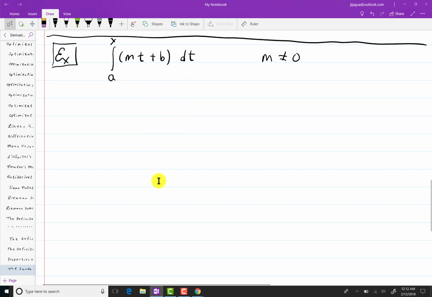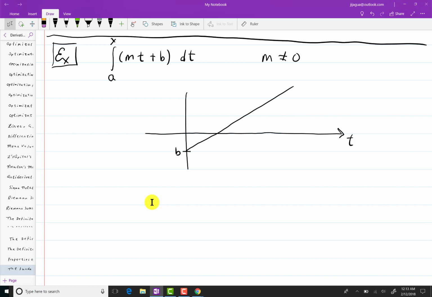So if you look at it, if this is the graph, t is the x-axis, then b may or may not be below it. But whatever happens, it's going to cross at some point because m is not 0. What is that point?